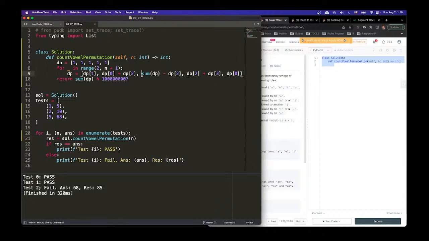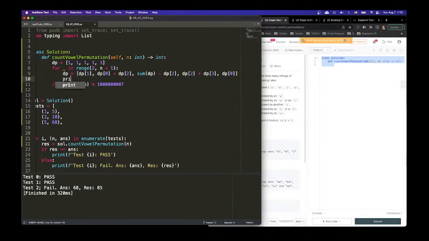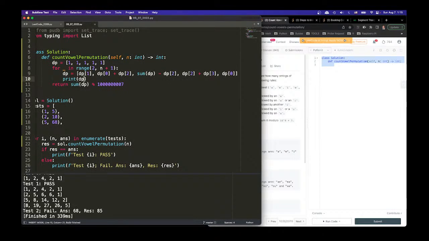I gotta take a look. Maybe we do it too much, or so that's 2, 3, 4.